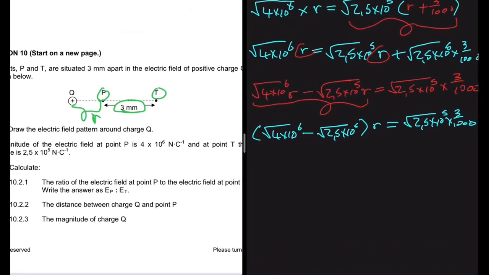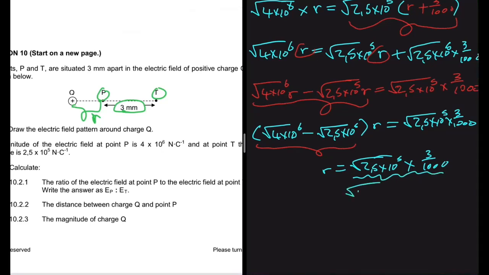So now I'm going to divide both sides by the coefficient of r, right? And then if I do that, I should get r is equal to the square root of 2.5 times 10 to the 5 multiplied by 3 divided by 1000, right? And then now we're dividing by that coefficient, which is the square root of 4 times 10 to the 6 minus the square root of 2.5 times 10 to the 5.